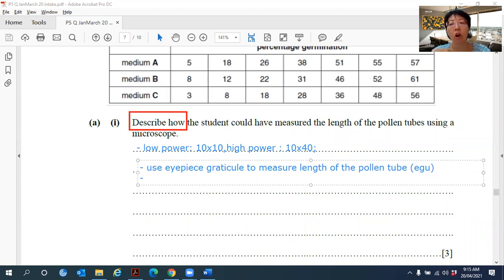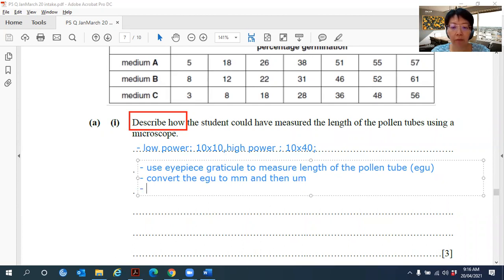After that, you need to convert the eyepiece graticule unit to millimeter as well as to micrometer. In order to convert, you have to calibrate the eyepiece graticule with a stage micrometer.